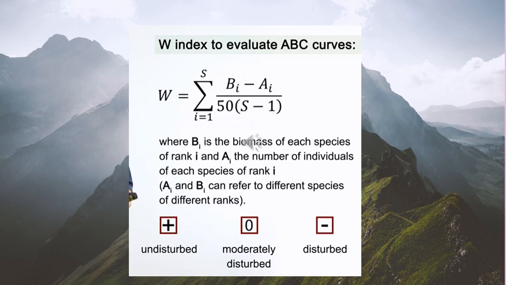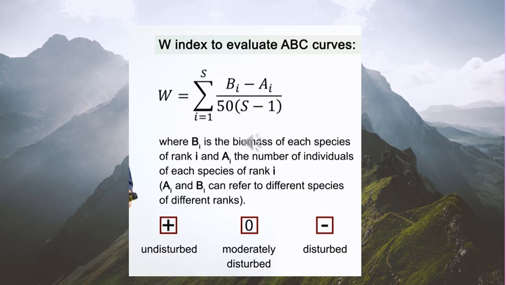Now Bi is simply the biomass of the species of rank i, and Ai is the number of individuals of the species of rank i. You just need to keep in mind that Ai and Bi can refer to different species of different ranks because they rank differently in that particular community, according to biomass or according to abundance.